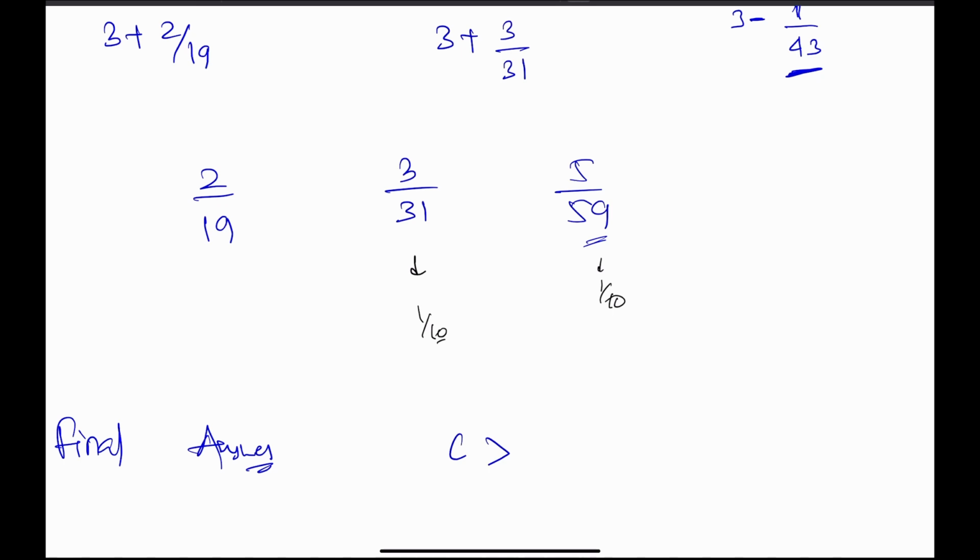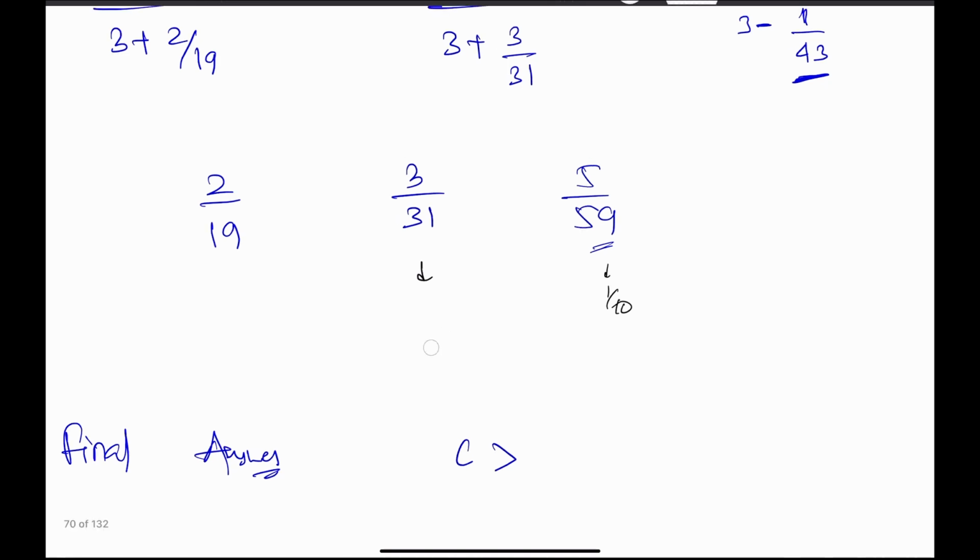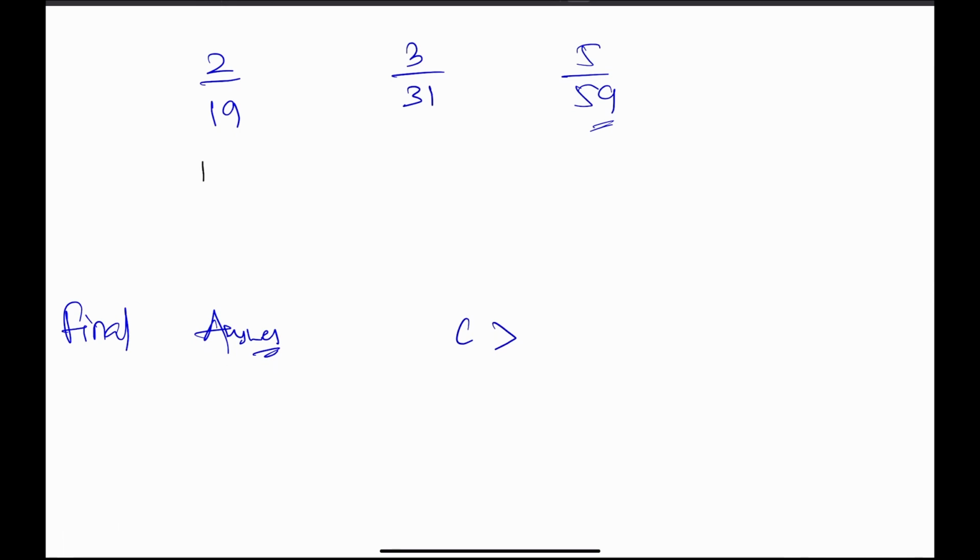Or are they? Obviously 2 by 19, it won't be near that value. Again, if you want to solve, what we can do over here is 19 by 2, that is 9.5.